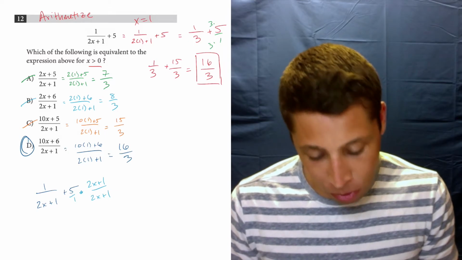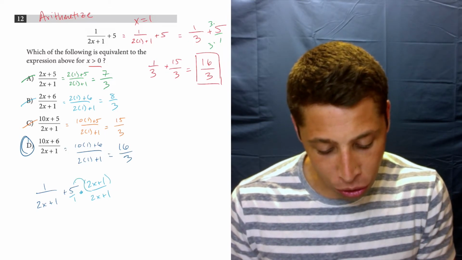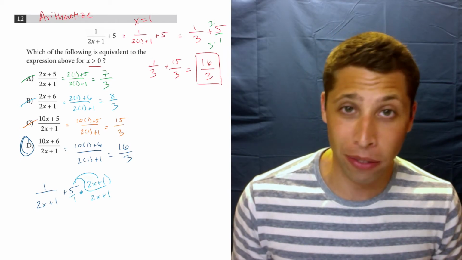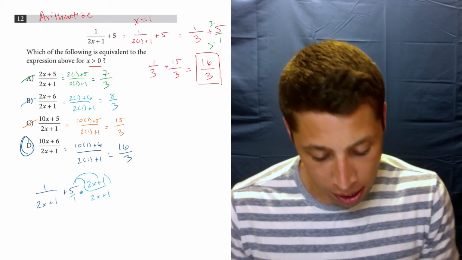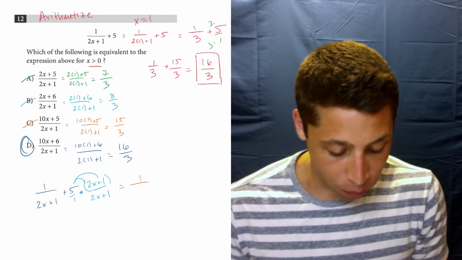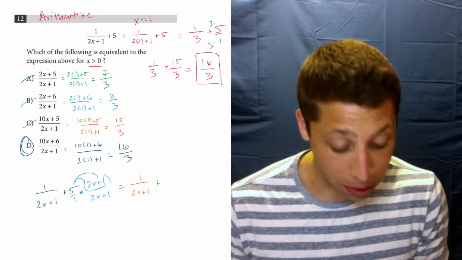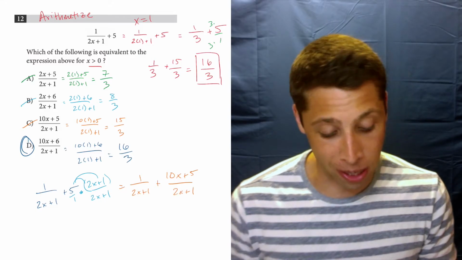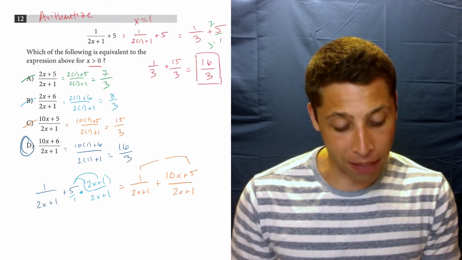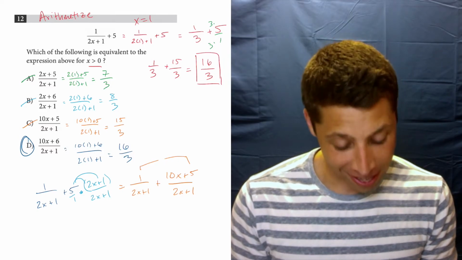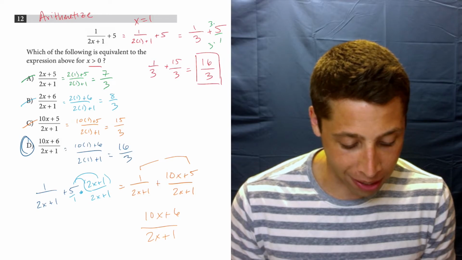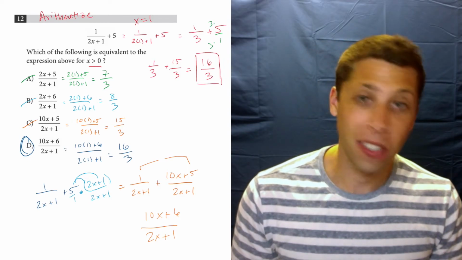And so when we do that, we're going to need to make sure we distribute that 5 to the entire thing, and that is what people tend to forget, and that's why they get it wrong. So when we do that, we're going to have 1 over 2x plus 1 plus 10x plus 5 over 2x plus 1, and then we can combine the 5 and the 1 to get 10x plus 6 over 2x plus 1, which is exactly what we got.